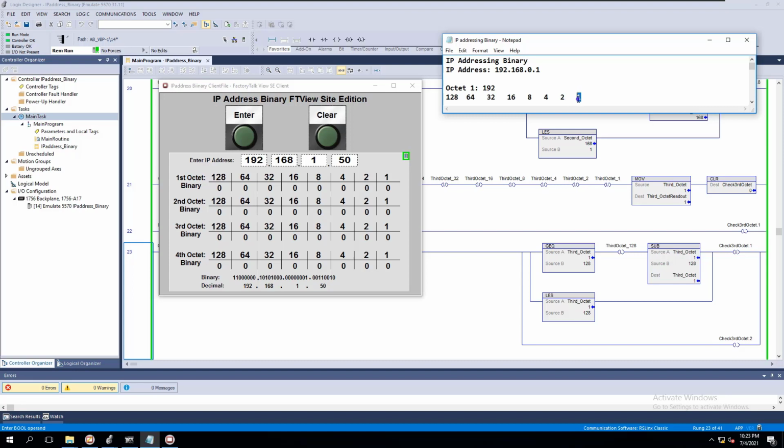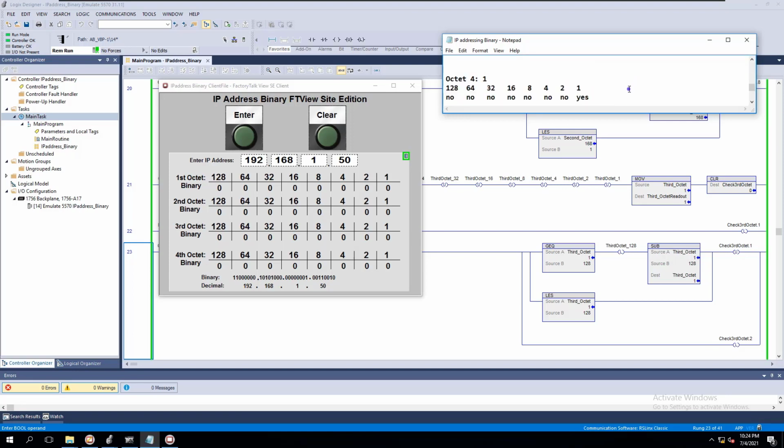Then we have a 2, which is 2 to the power of 1, and then a 4 because it's 2 to the power of 2, then 2 to the power of 3, 2 to the power of 4, 2 to the power of 5, 2 to the power of 6, and 2 to the power of 7. So that's how we actually get the numbers that we're talking about here.